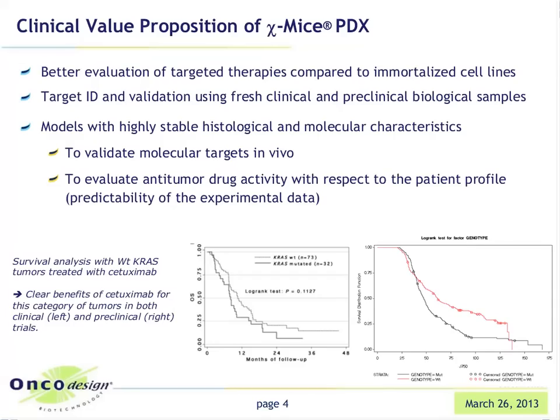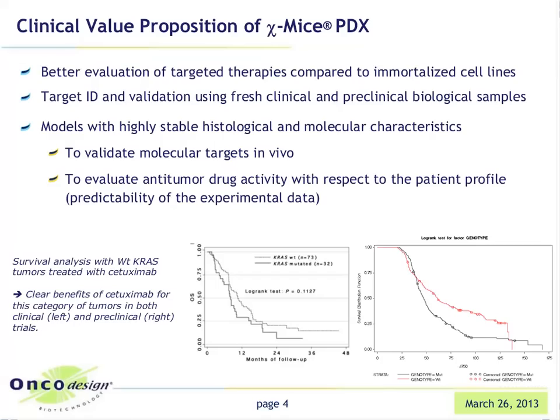And such models are very, very stable. They do represent the histological structure and the molecular characteristics of the tumors. So they are very well set up to validate molecular targets in vivo and to evaluate anti-tumor drug activity with respect to the patient profile.